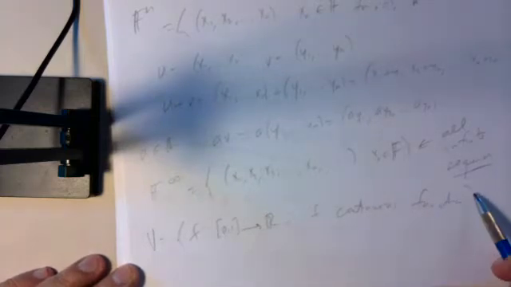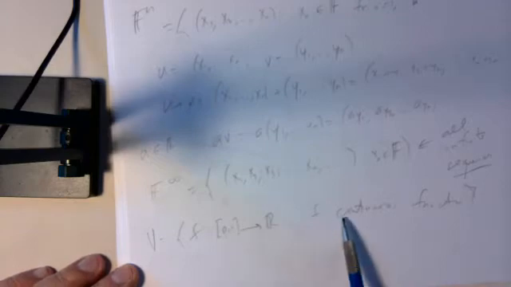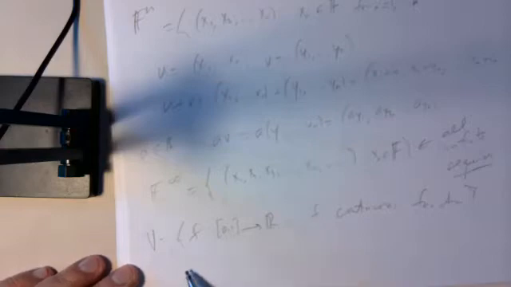So in calculus, they tell you the sum of continuous functions is continuous, and the product of continuous functions is continuous. So this is a vector space over the field R. When we say a real vector space, we mean a vector space where the scalars, the field, is the real numbers. This is very important in mathematics.